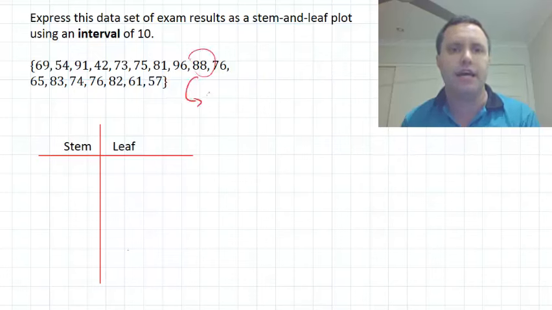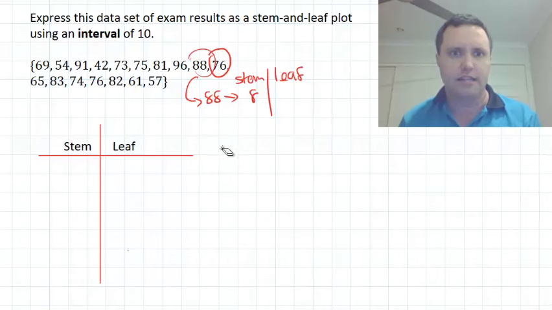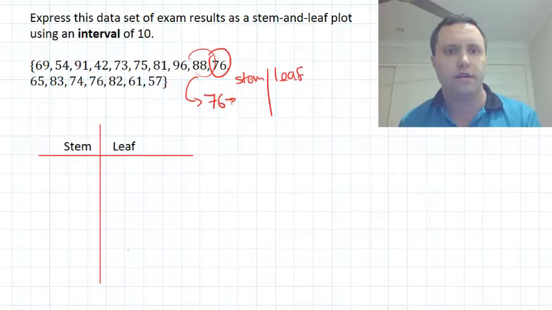So let's take 88. We can turn 88 into the stem, which is 8, and the leaf part of it. I might choose a different number. Let's go 76. 88 doesn't really help, so we'll go with 76. So 76 becomes a stem of 7 and a leaf of 6.